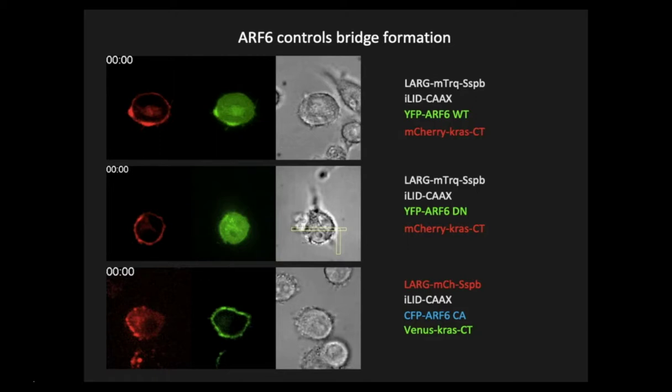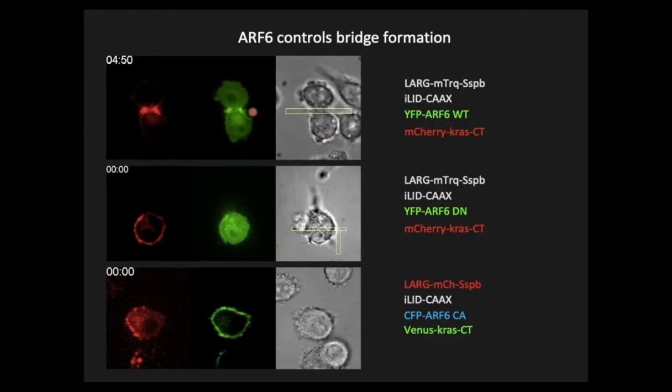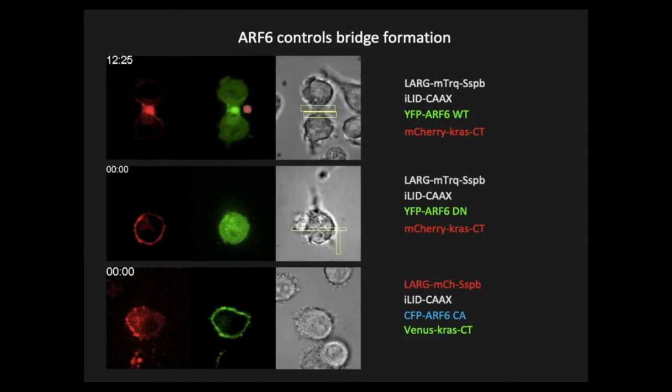We looked for exocytic proteins, and ARF6 is a protein that is involved in exocytosis and endocytosis. In the first movie, you will see in the red channel the membrane marker. In the green channel, we have ARF6. After induced furrow formation, we can see how ARF6 localized in the furrow region, and after some minutes it localized in the intercellular bridge.